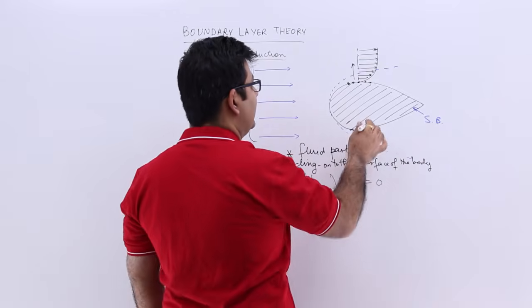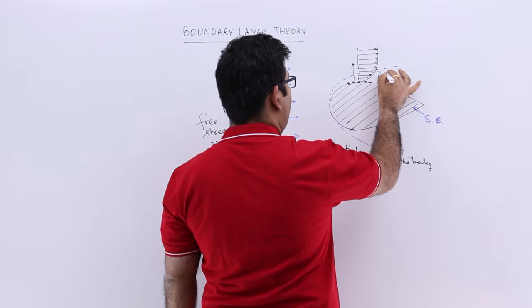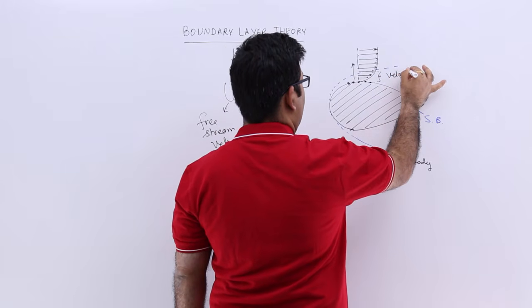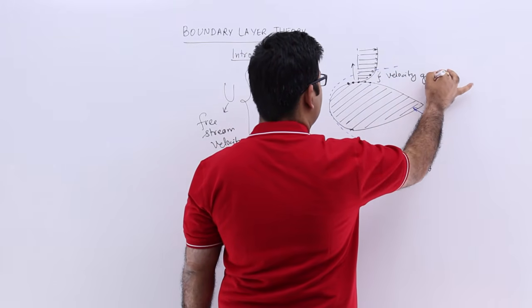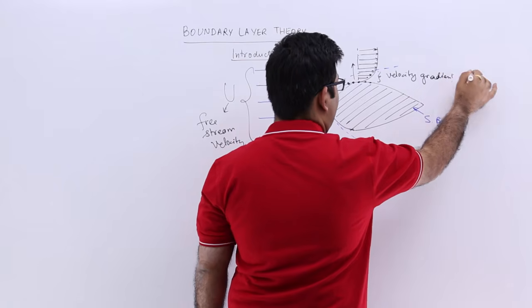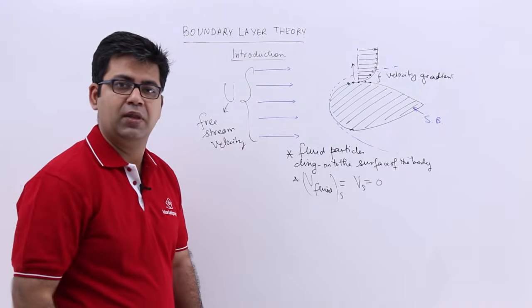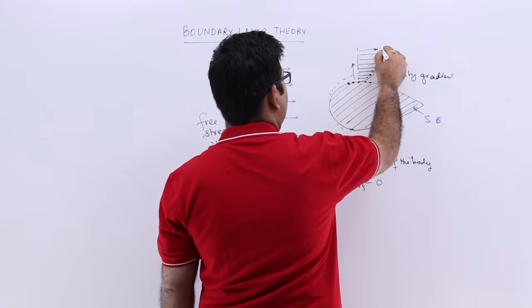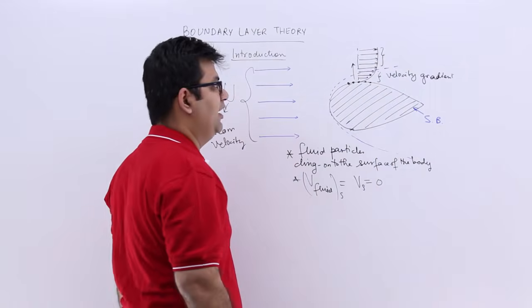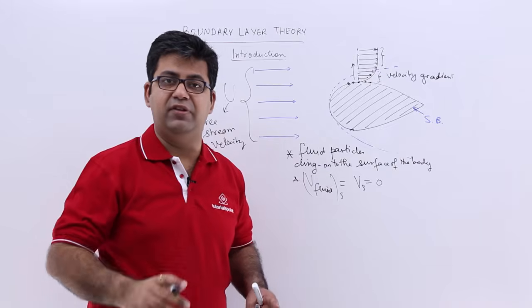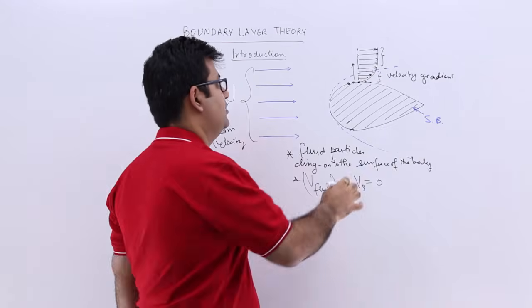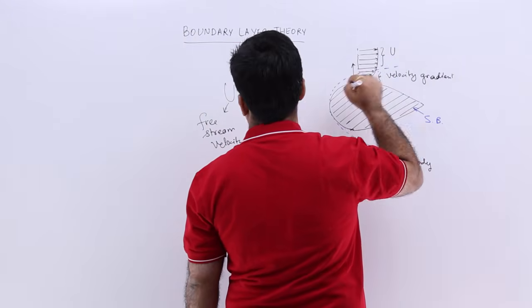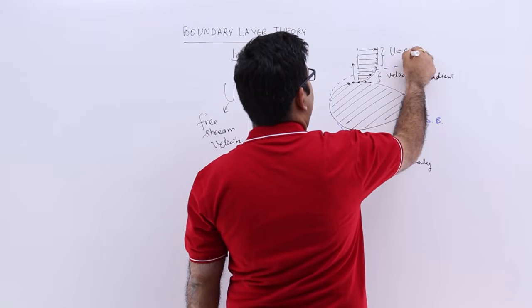This means there is a velocity gradient, meaning velocity will change with respect to distance from the surface. After a certain height, you will have a velocity which will no longer vary with distance, equal to capital U, the free stream velocity.